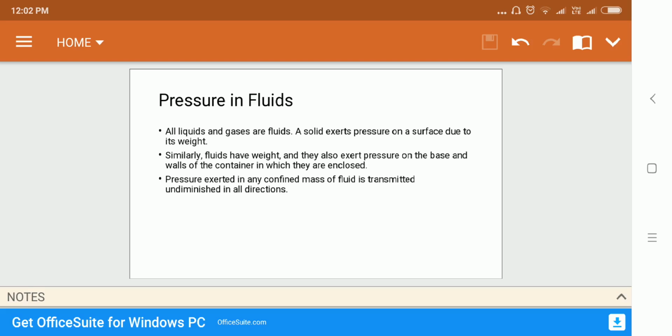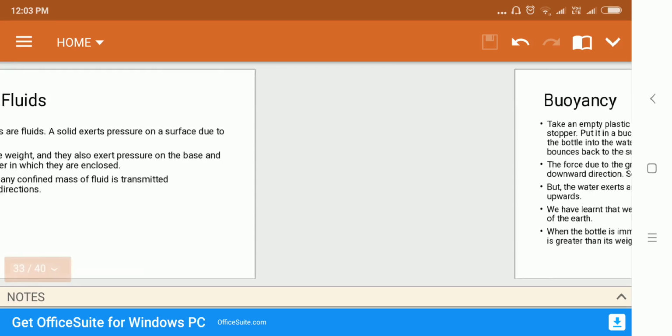So pressure exerted in any confined mass of fluid is transmitted undiminished in all directions. That is the force experienced by the fluid in any direction, or in all directions.